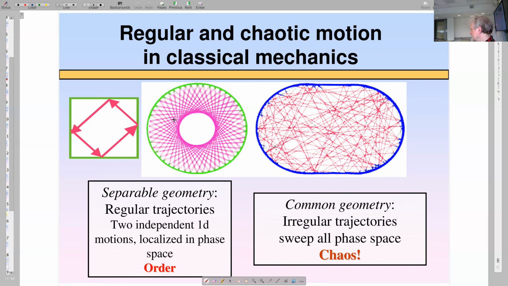Let us understand now the difference between ordered geometries, separable geometries, and the most general one, common geometries, which lead to chaos. I wonder if somebody told you about this, could be in a course of mechanics or some other course when people talk about chaos.